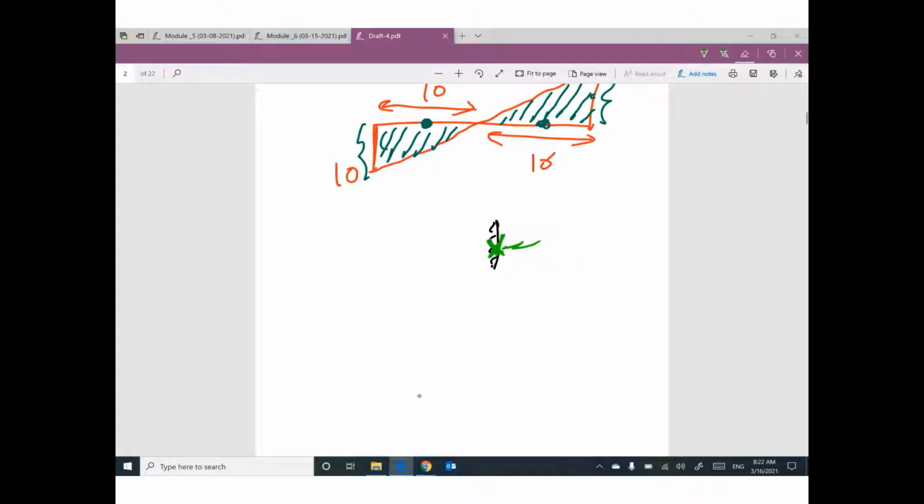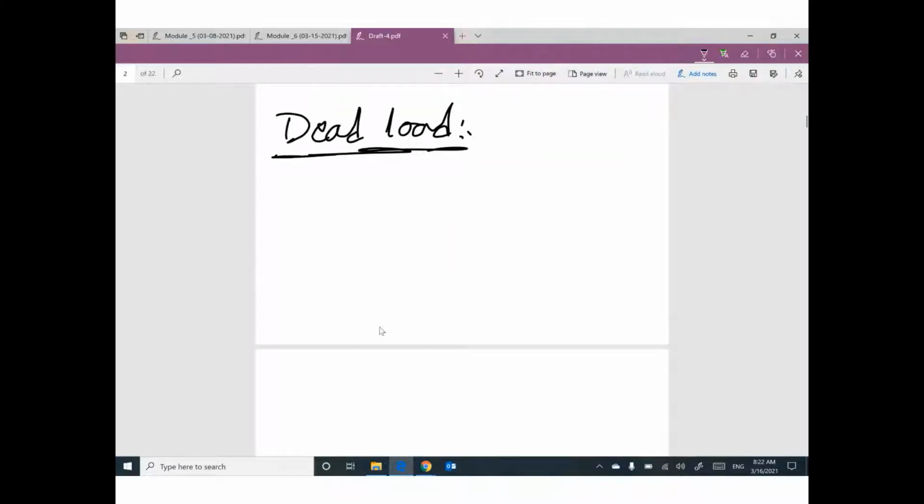Let me explain it here first before going through the example. Anybody knows what is the meaning of dead load? Because if you don't understand the meaning of dead load, you will not understand what the effect is. Anybody can tell me what is the meaning of dead load and what is the meaning of live load?